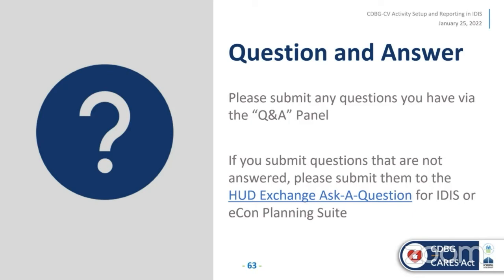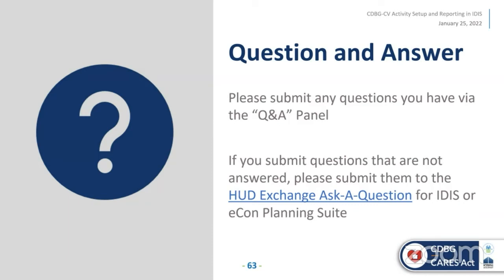I see a question asking about making a correction, that maybe someone set up the businesses combined. So instead of setting up a separate activity, they set up one activity for, say, 10 businesses, and now they realize they have to do those separately. That can be fixed, and actually fixing that is easier if you haven't spent all your money yet. The way that can be fixed is that you set up the additional activities.